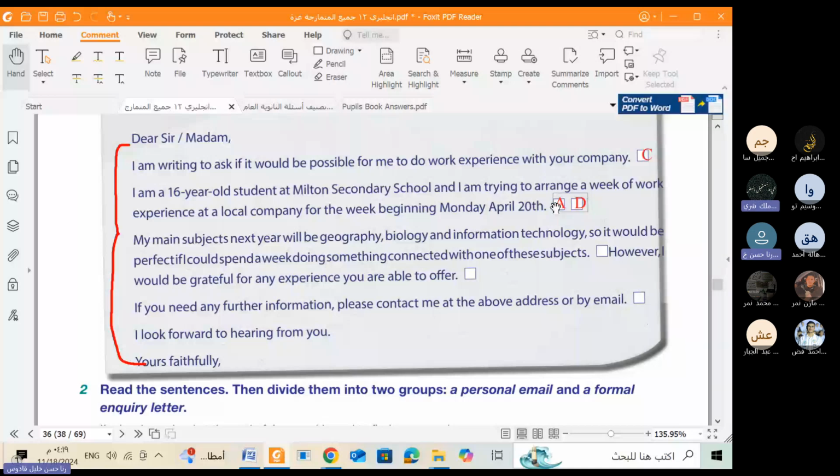Yes. What about this, ya Malak? What is the purpose of this statement that you have already read? Offer to provide more details if necessary. Is it to provide more details if necessary, when you say my main subjects next year will be so and so?